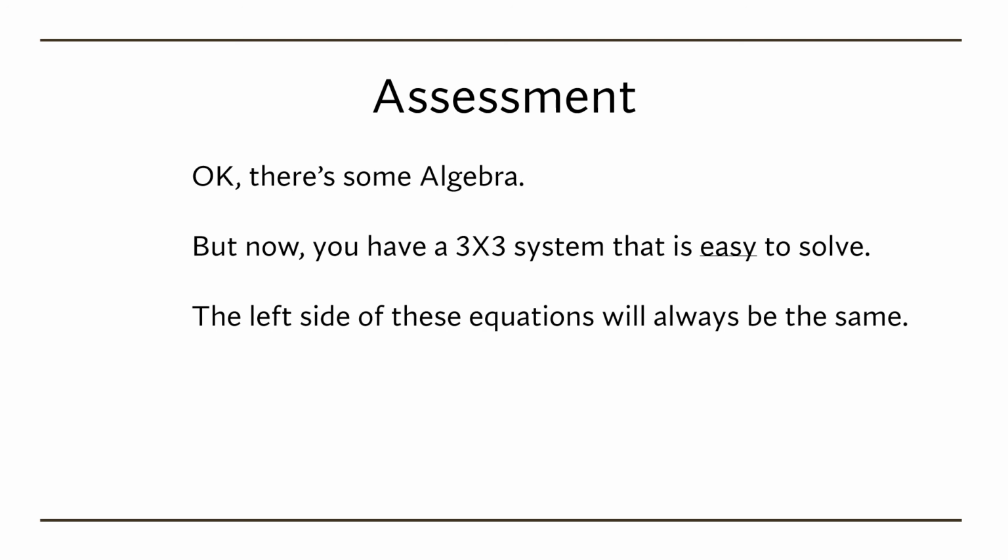It's only the right-hand side, the numbers from the sequence, that will be different. And very simply, you just use the first 3 elements of the sequence and plug those in for S1, S2, and S3.